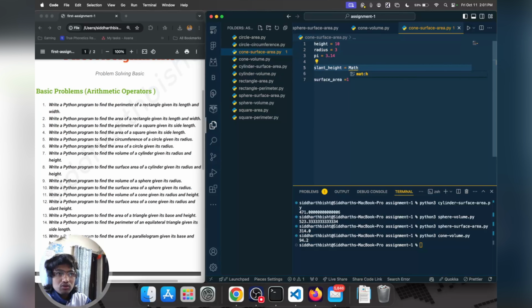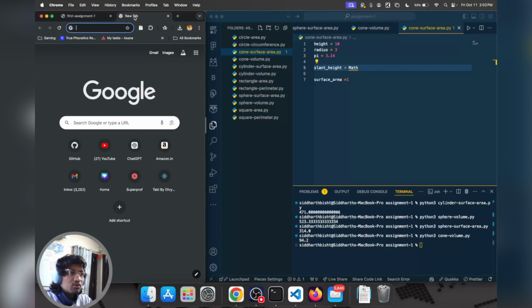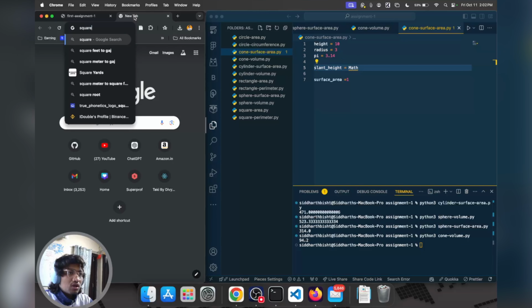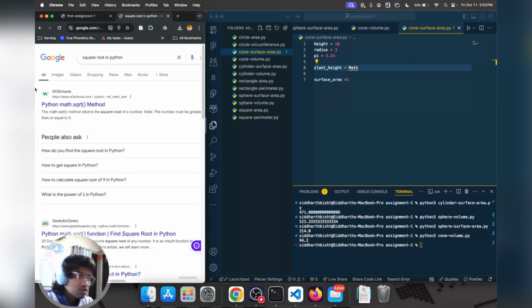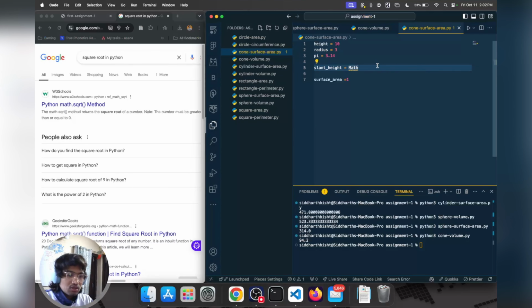So maybe you don't know for now how to do the square root, so I will just also check how to do square root in Python. It's quite easy, just a Google search and we can do it anytime. So it's math.sqrt.